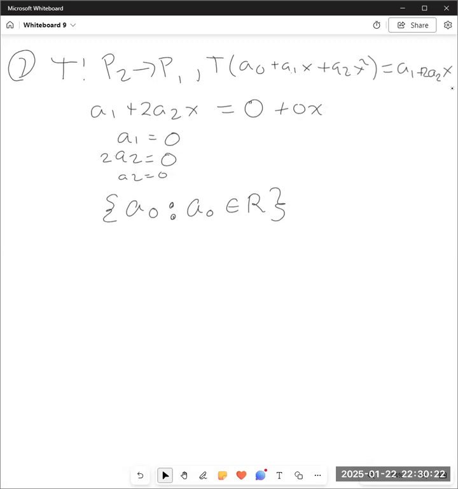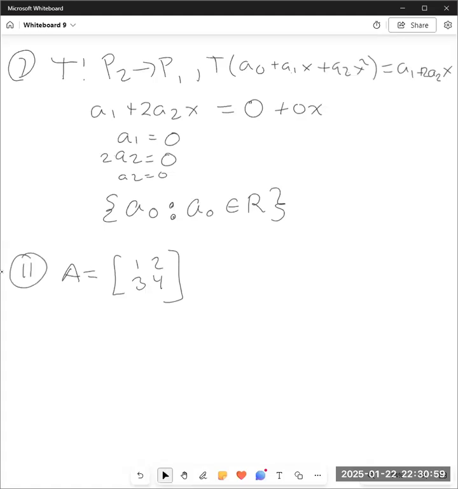Let's move on to number 11. 11 asks me to find the kernel of T and the range of T that are defined by the transformation T of vector x is equal to transformation matrix A times vector x, where A is equal to 1, 2, 3, 4.